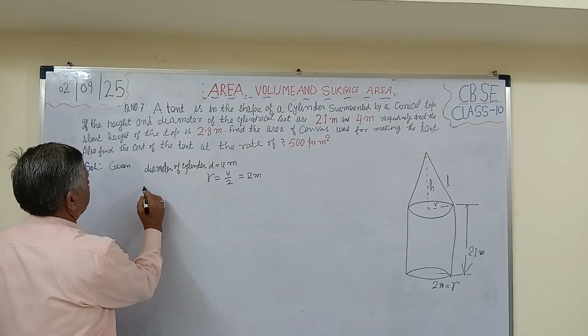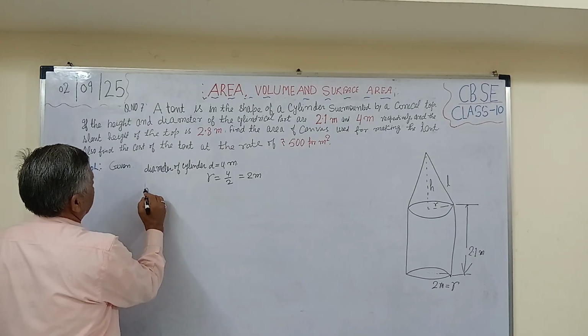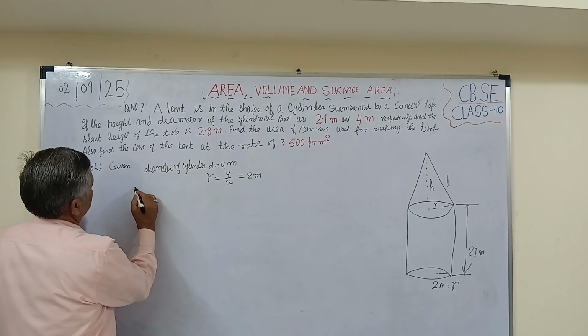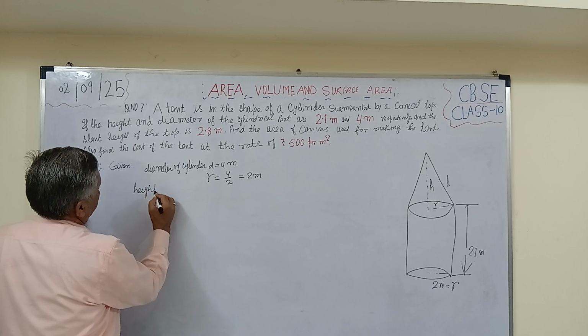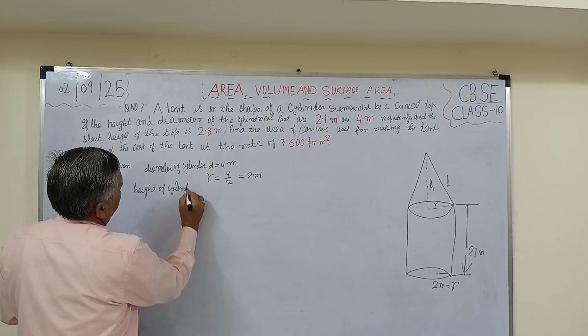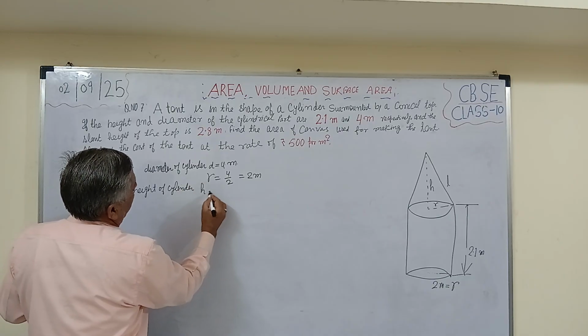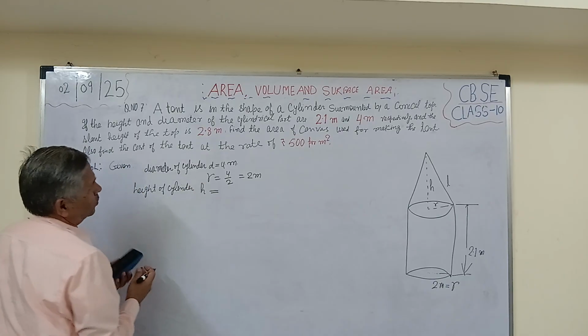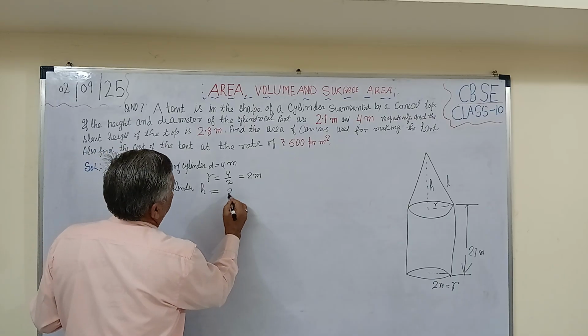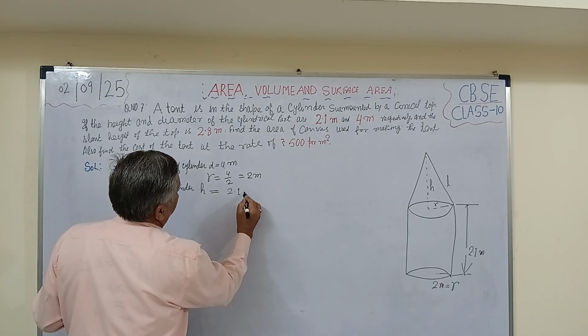Height of cylinder, that is small h, equals to 2.1 meter.